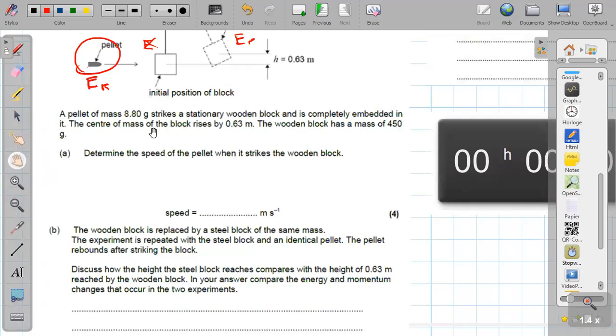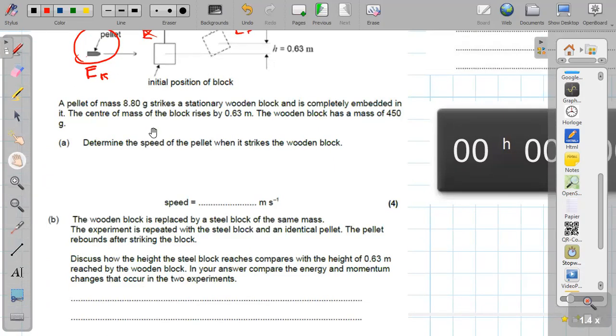The pellet of mass 8 grams strikes the stationary wooden block and is completely embedded in it. So the center of mass of the block rose by 0.863 meter.